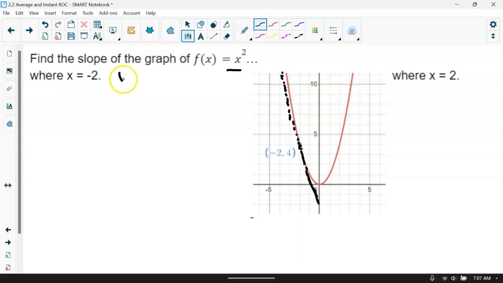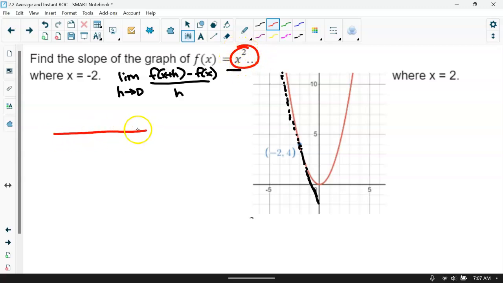So we're going to focus on the limit as our h, our change in x, approaches 0 of f of x plus h minus f of x over h.